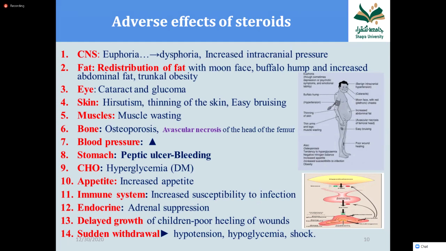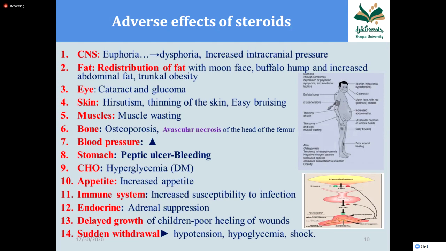Because of effect on the lipids, it may lead to redistribution of fat to the adipose tissues, and the symptoms are moon face and buffalo hump. You can see this back is like a buffalo, with increased abdominal fat and truncal obesity. Regarding the eye, it may precipitate cataract and cause increased intraocular pressure, so it may precipitate glaucoma.